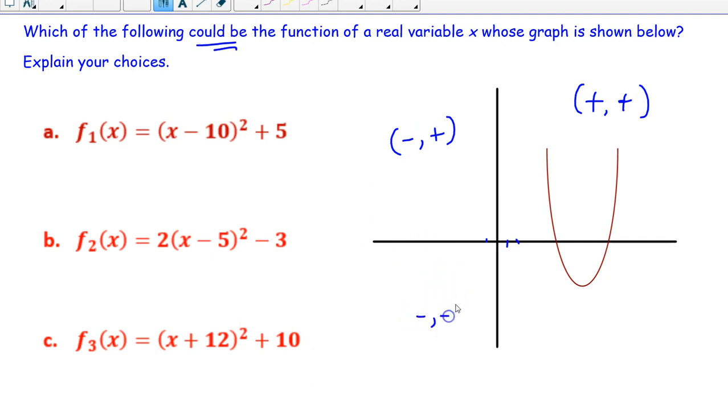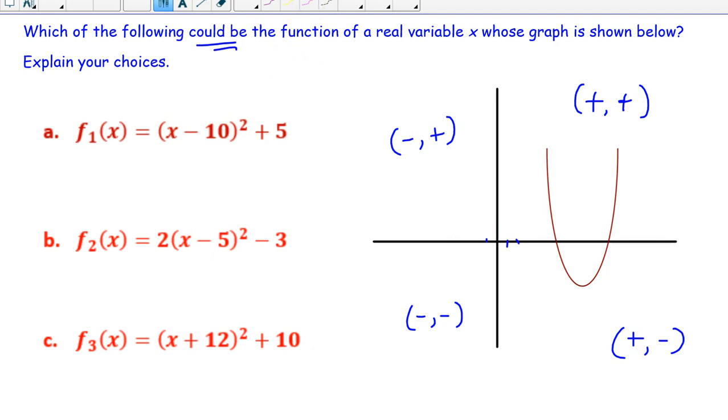Third quadrant, both x and y are negative, and in the fourth quadrant here, the x value is positive and y value negative. And anywhere on the x-axis, the value of y will be 0. Similarly, anywhere on the y-axis, x value 0. That's why we say x-intercept and y-intercept.